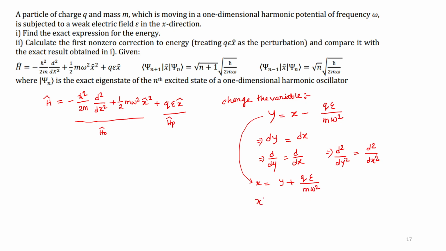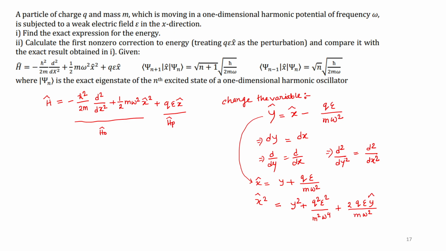So your x square is going to be y square plus q square epsilon square over m square omega 4, plus 2 q epsilon y over m omega square. So we'll put these values here.